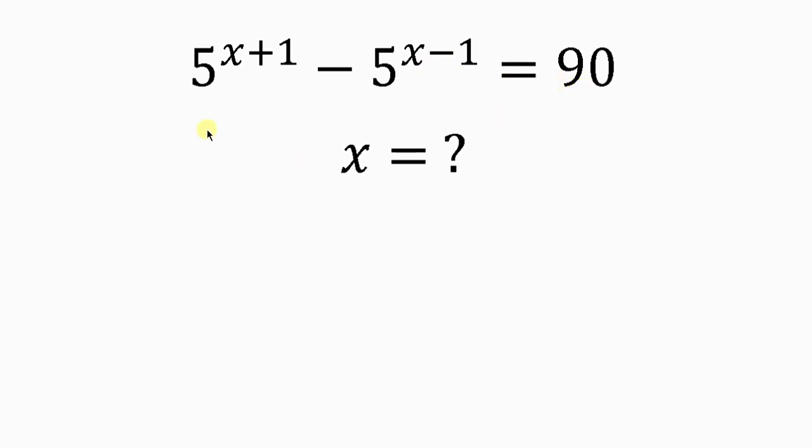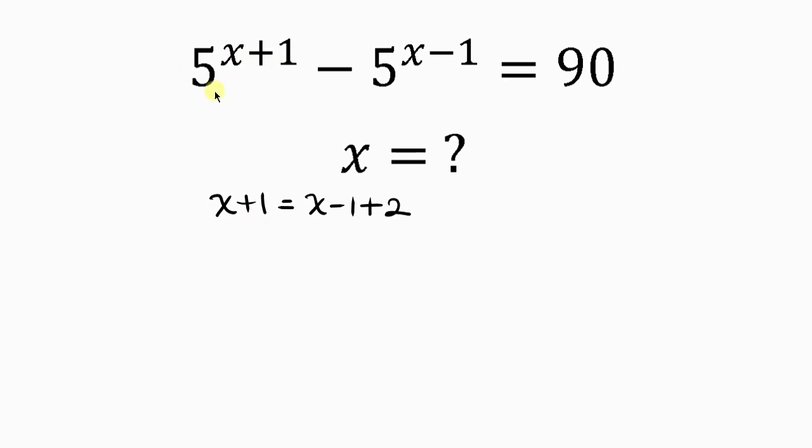Well, our first step will be for us to write x plus 1 in terms of x minus 1. That means x plus 1 is the same as x minus 1 and then adding 2 makes it the same as x plus 1.